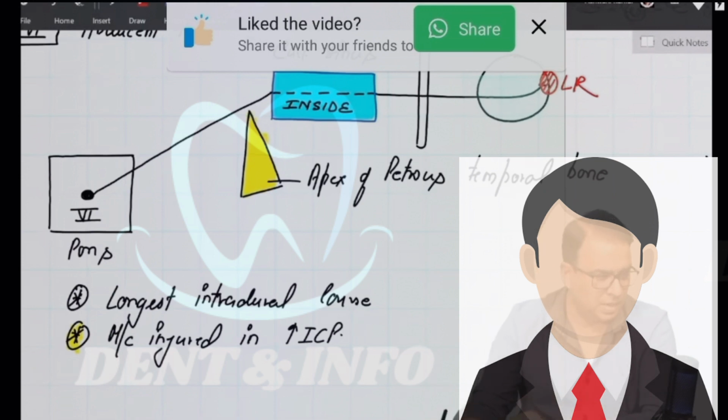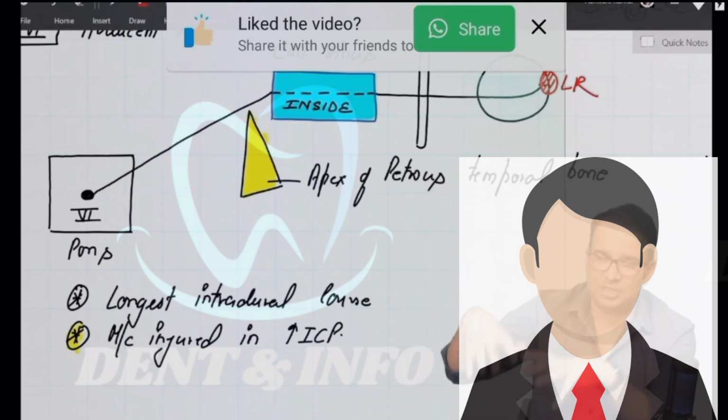It's most commonly, sixth nerve is most commonly injured in increased intracranial pressure because of its anatomy. Look at the apex of this bone; it is very close to the nerve here, and that's why the nerve can get injured here. As intracranial pressure increases, the brainstem will go downward, and the nerve can get injured at this point here, right? That's the nerve most commonly injured in the increased intracranial pressure.